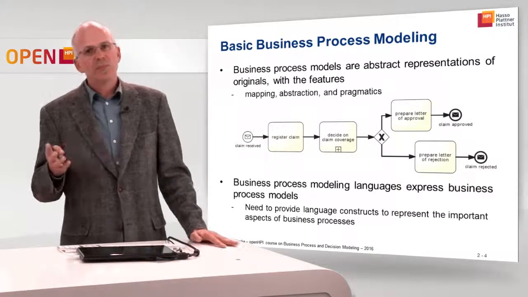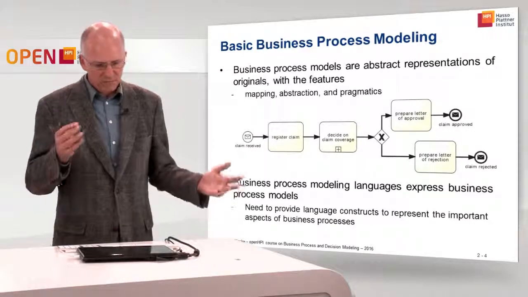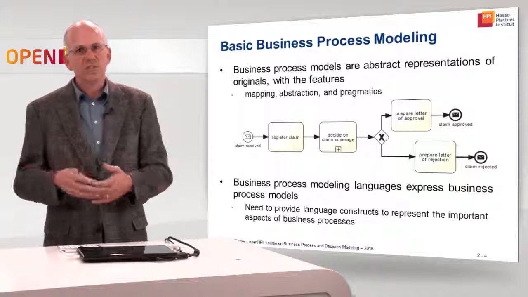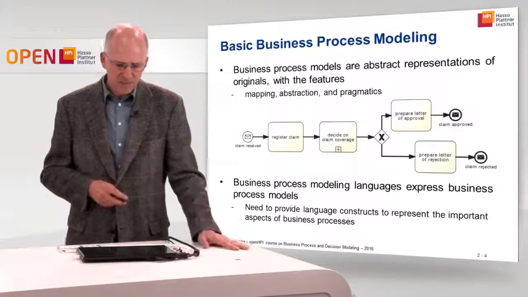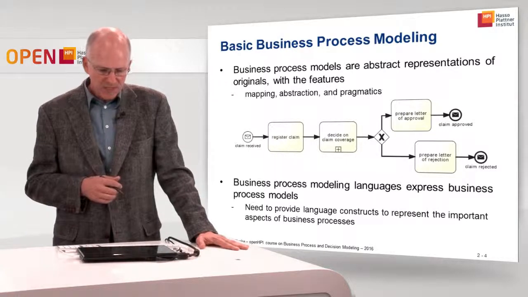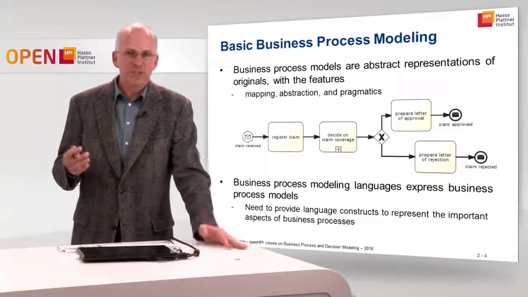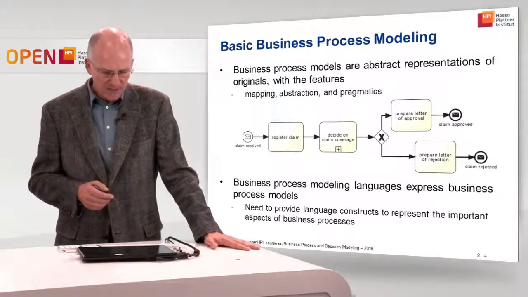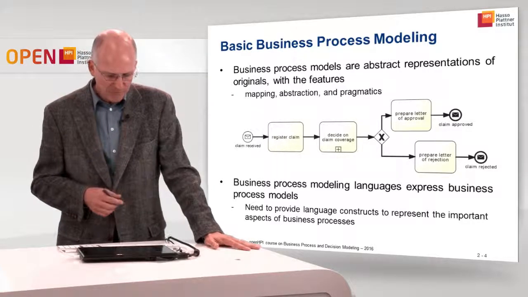If I need to copy something, if I need to put, let's say, documents from one office to another office, these types of activities are abstracted from here, for instance. But it still covers the pragmatics, because I can use this process model instead of the original process, which is really not easy to grasp if you don't have a model representation for it.